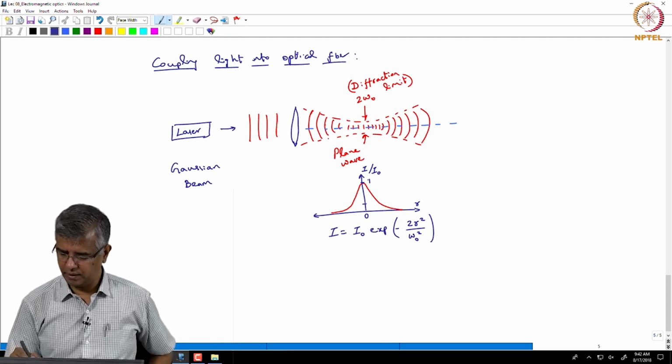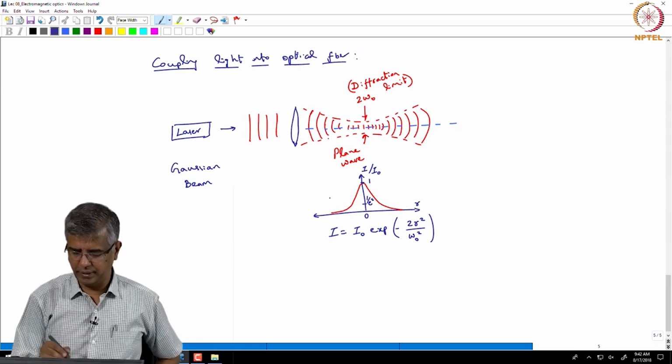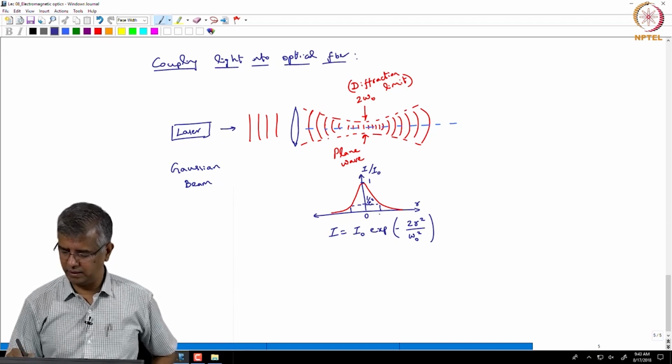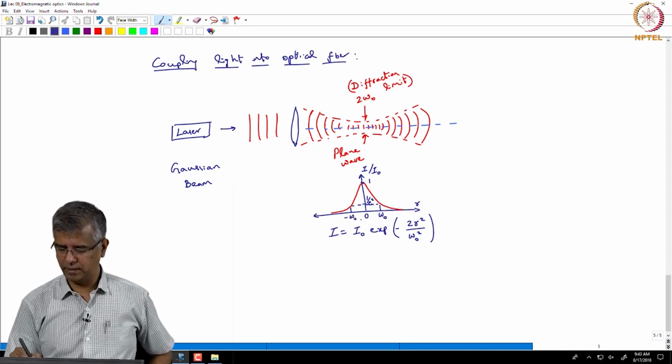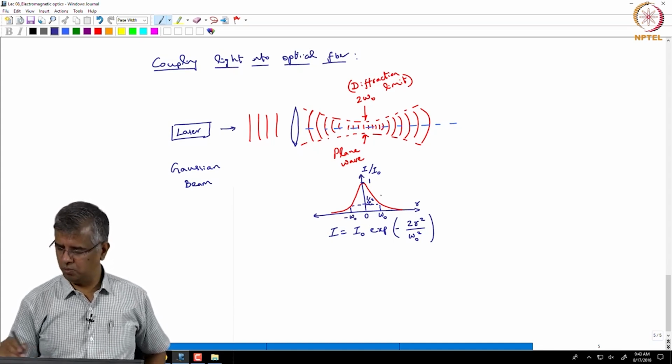So where I over I naught goes to 1 over e squared, the corresponding radius would be called the mode field radius, and the corresponding diameter would be called the mode field diameter, right.